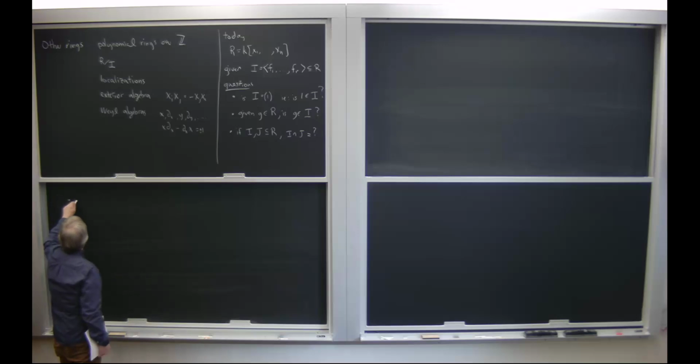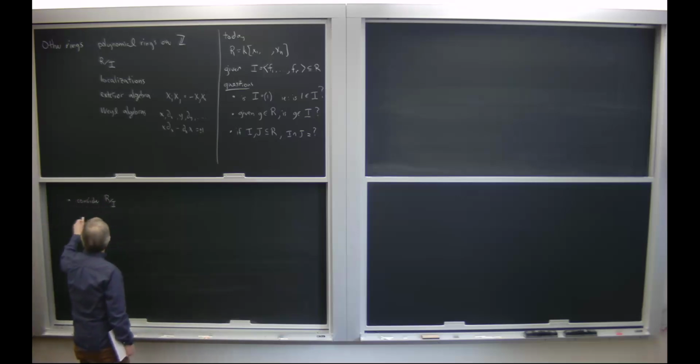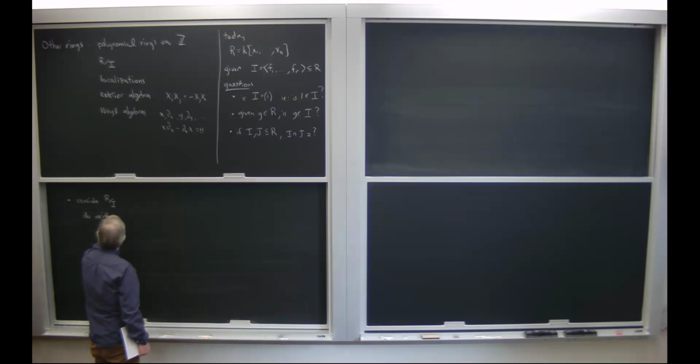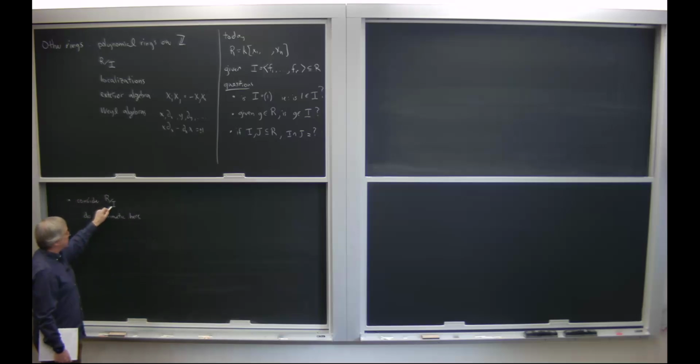So other things: consider the quotient R mod I. This is what most rings we consider will be like for the time being. We want to do arithmetic in this. I don't write elements as F plus I, I just write it as F, meaning that it's the image of that in there.